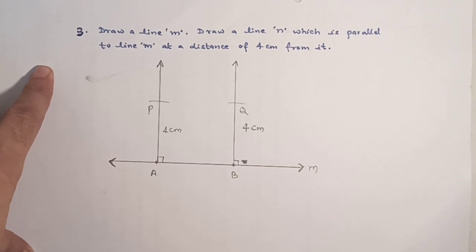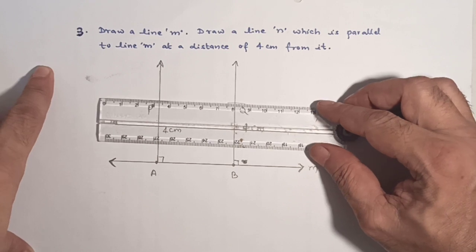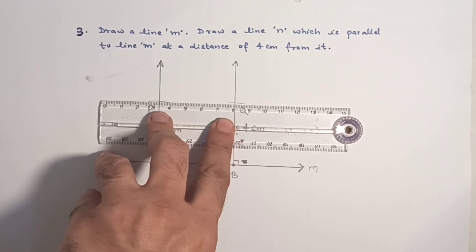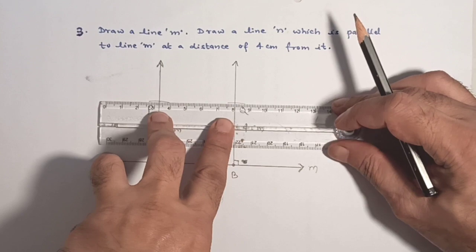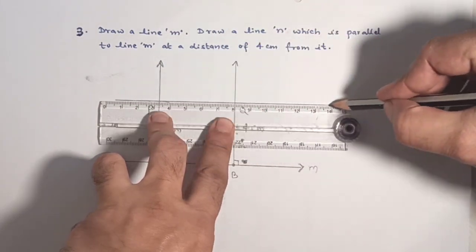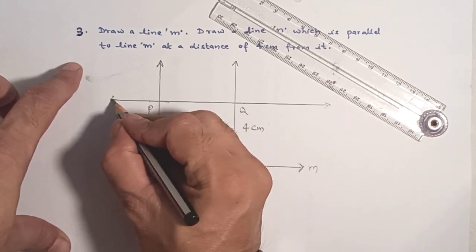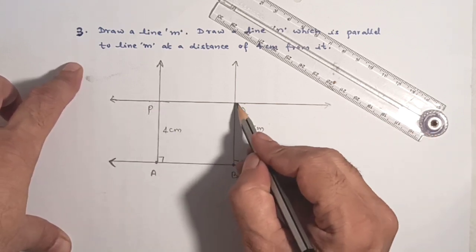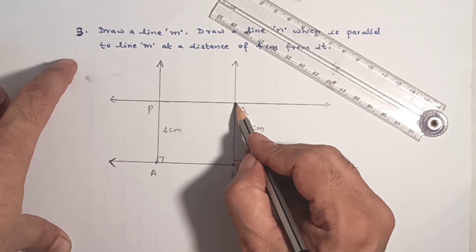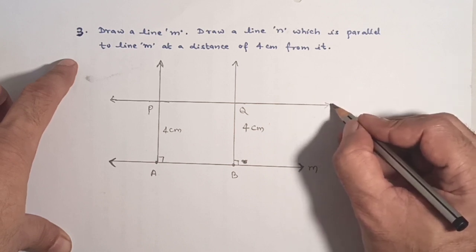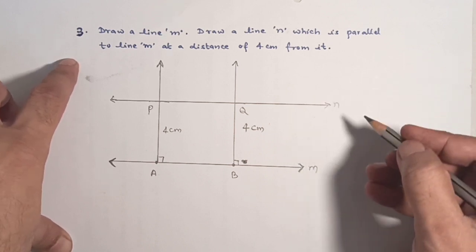Passing through point P and point Q, draw a line with the help of scale. Now this line passes through point P and passes through point Q. You can name it as N, which is your required answer.